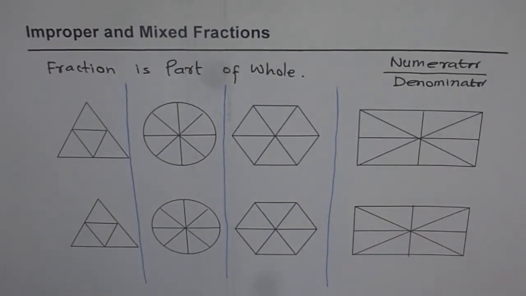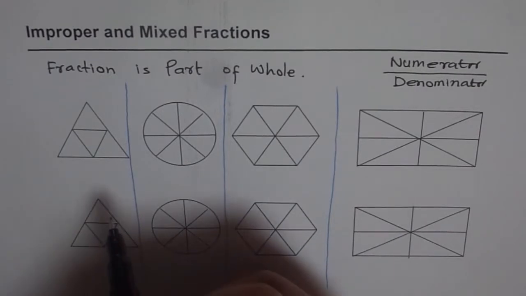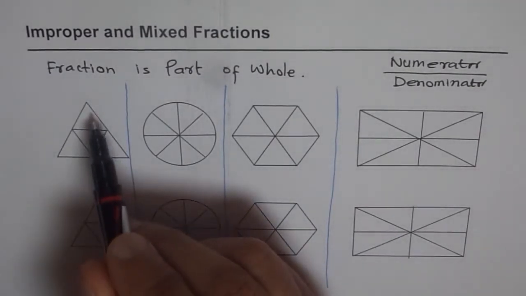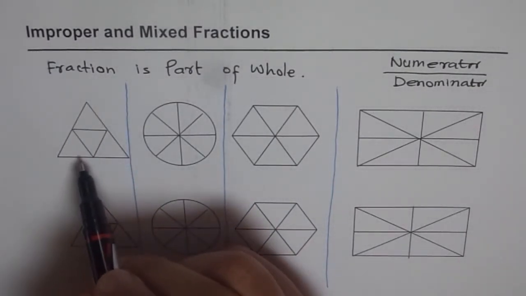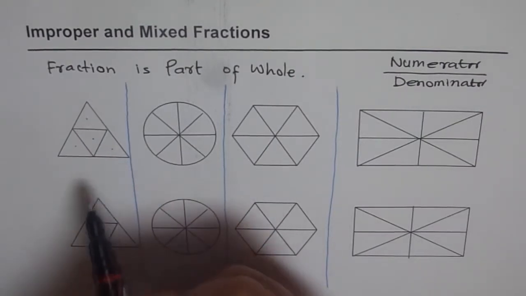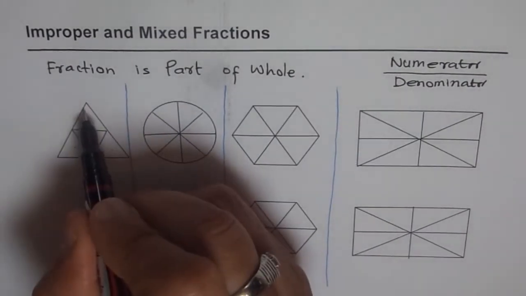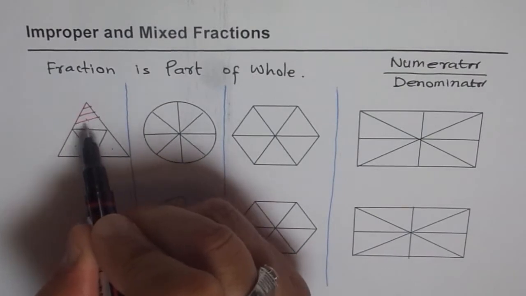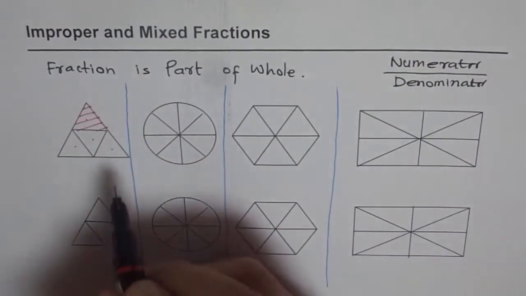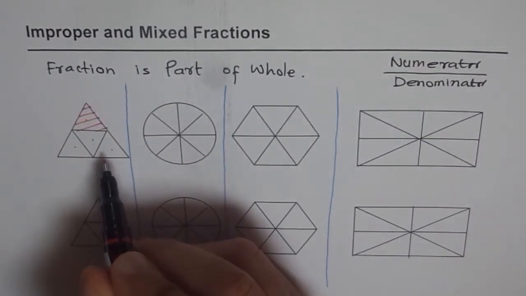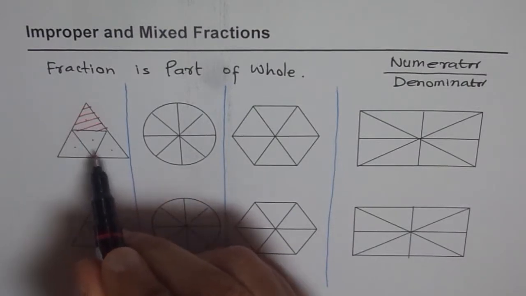And we will see how we get proper, improper and mixed fractions, right? So let's think like this. In this triangle, I have divided this into 4 equal parts, correct? If I shade one of them, then I get a proper fraction which is 1 out of 4, since the whole figure is divided into 4 equal parts.